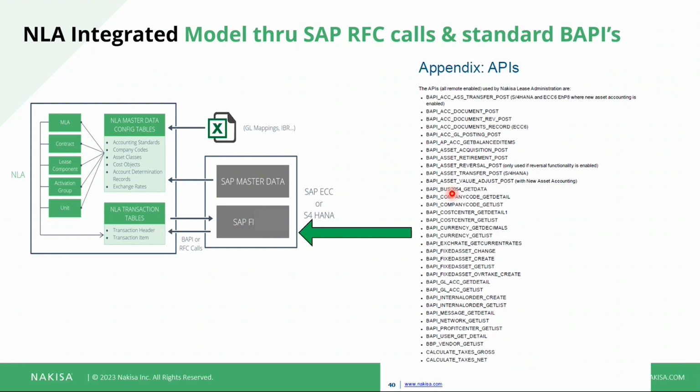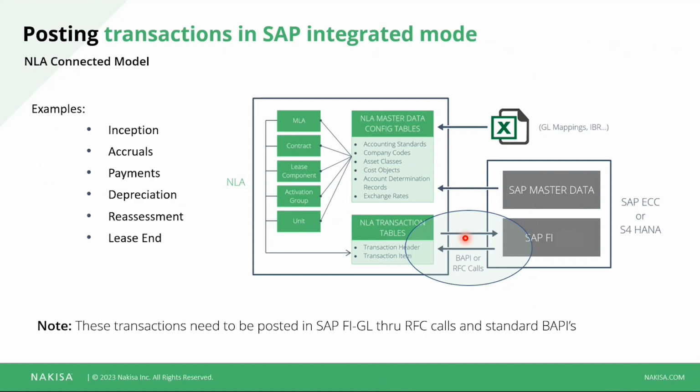You can see the list of BAPIs in our documentation, but that's the way we do it. Same thing for the different accounting transactions that we have: we reuse BAPIs in SAP and run them to take the information back and forth.